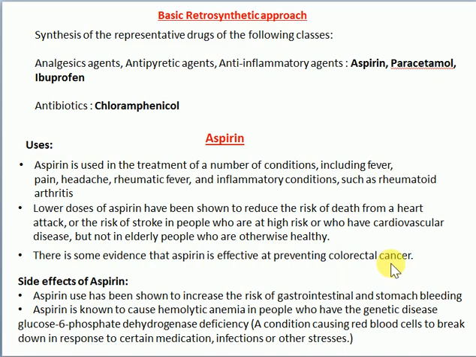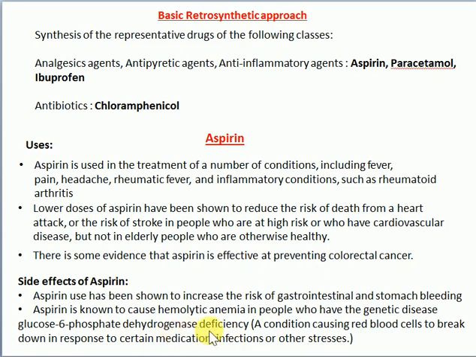Although this is a good drug, it has several side effects when taken in excess or with prolonged exposure. Aspirin causes a high risk of gastrointestinal and stomach bleeding, and aspirin is known to cause hemolytic anemia in people who have the genetic disease glucose 6-phosphate dehydrogenase deficiency.